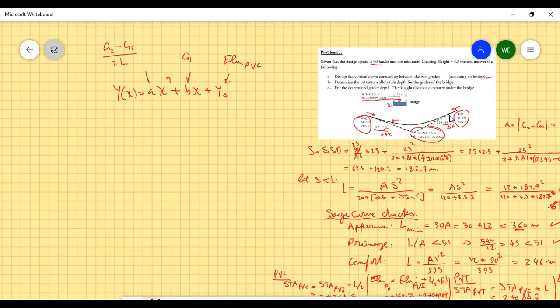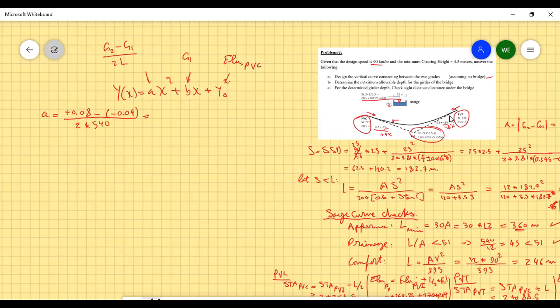So let's calculate A equals G2, which is plus 0.08 minus 0.04 divided by 2 multiply 540. So this would be 0.08 minus 0.04 divided by 2 divided by 540.